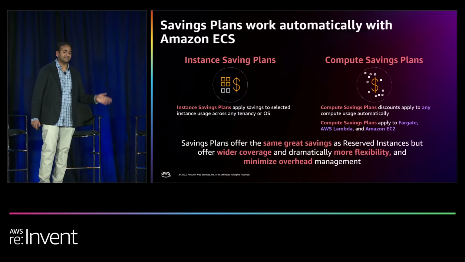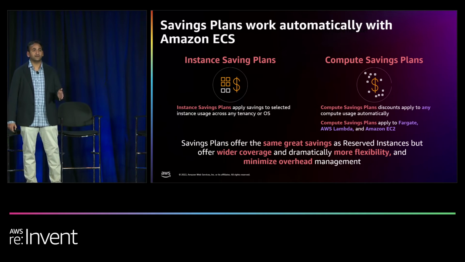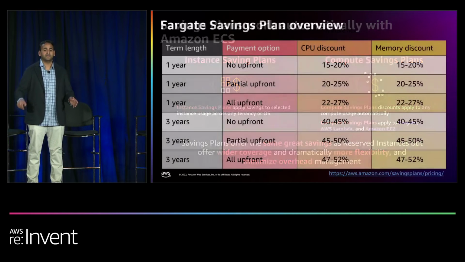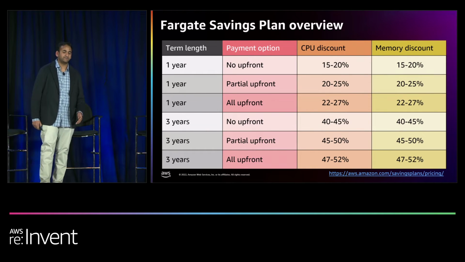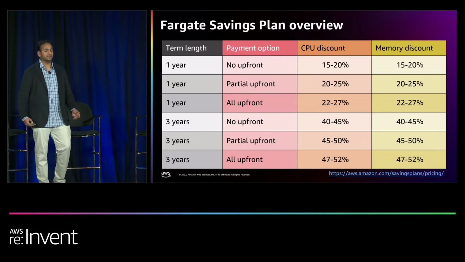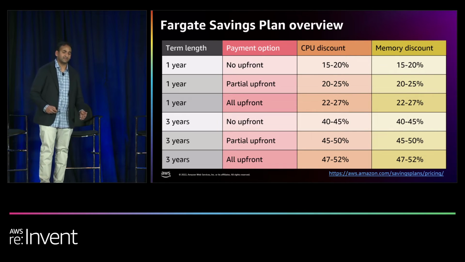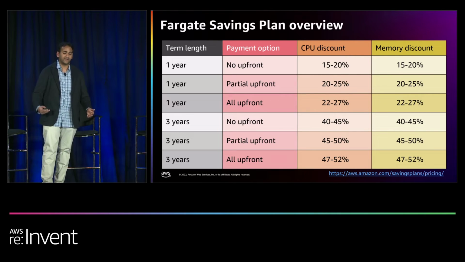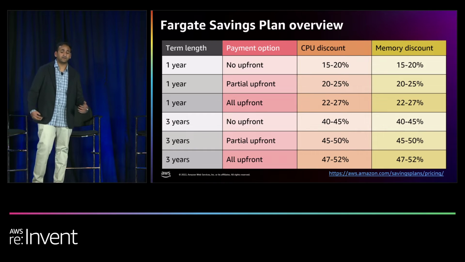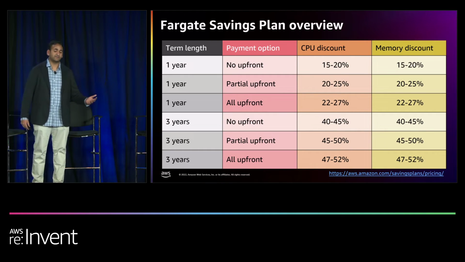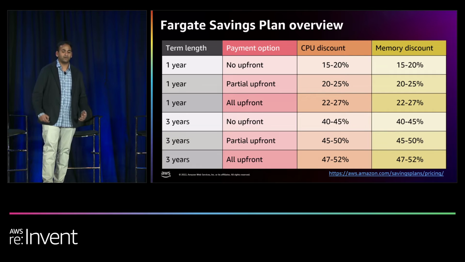However, Instance Savings Plans are only available for EC2. So that's something you might want to keep in mind. Here's a quick glance of what the savings with a Fargate Savings Plan might look like. With a 3-year commitment, you can save up to 52% on on-demand costs.